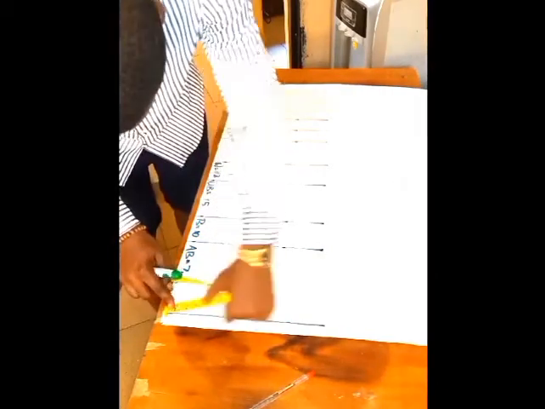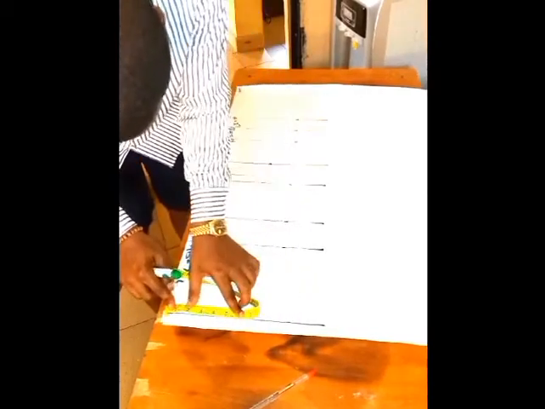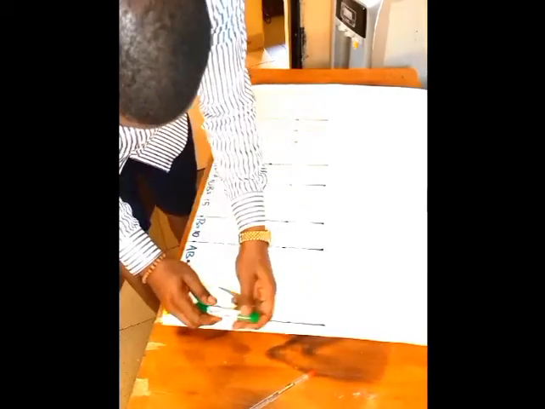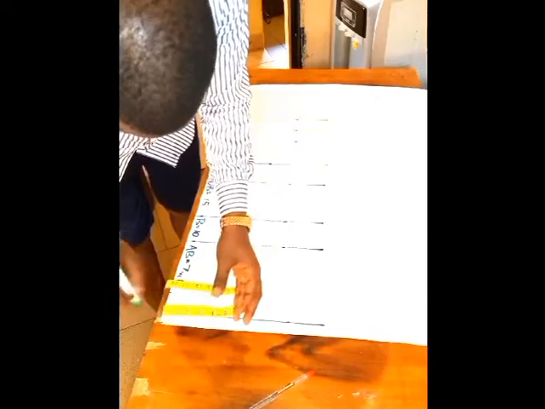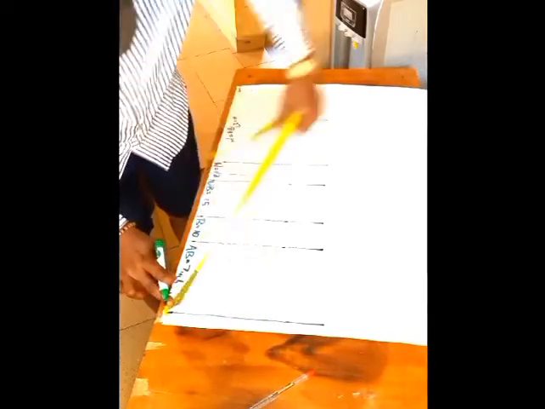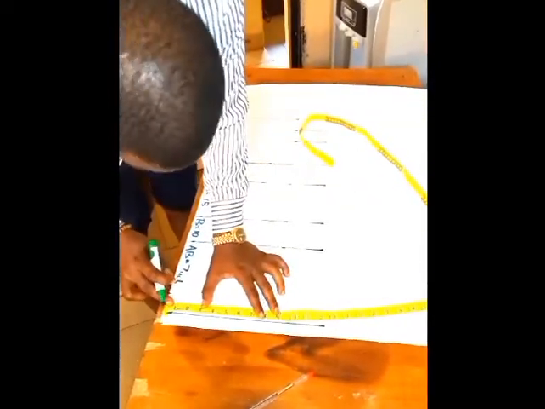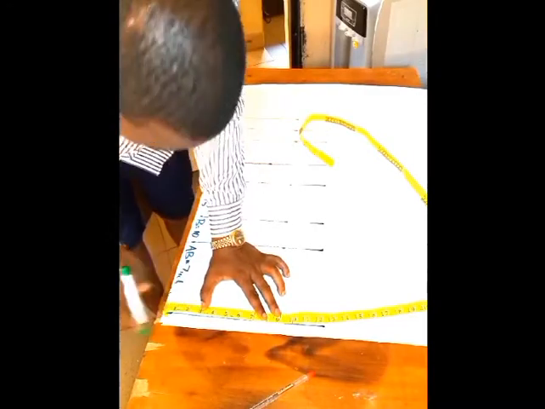So we take measurement from the shoulder down to the hip, or to the waist thereabout, depending on what you are working on. So this is 4.5. We are talking about bust to bust point.